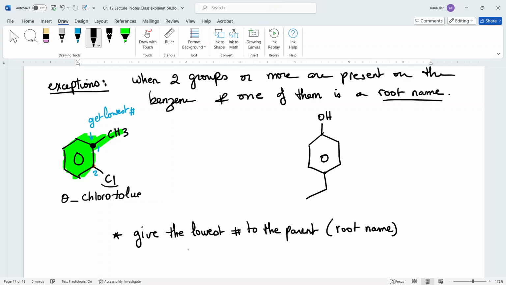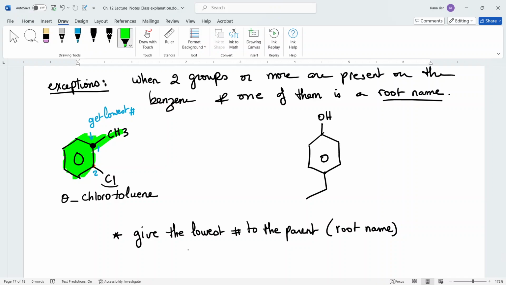By putting toluene at the end, I took care of naming the benzene and the CH3 in there. So instead of saying ortho, chloro, methylbenzene, you don't say methylbenzene, you go ahead and say toluene. So the ending is toluene, and toluene will be a common root. And this is why I started numbering from there, giving the lowest number.